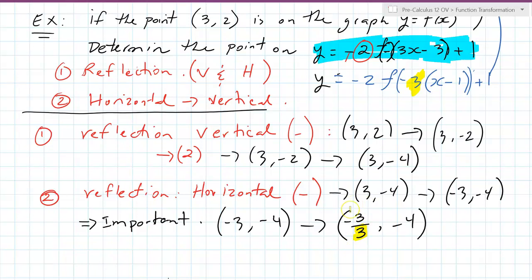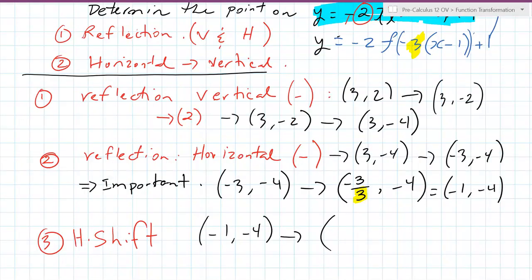Now you can write that as -1, and I guess we should do that. So this is actually (-1, -4). Great. Let's move on to the next part, and that is the value c, which is 1. That means we're going to add 1 to the x value. So -1 plus 1 would be 0. So it would be 0 here, and then -4 stays the same. That's not going to change.